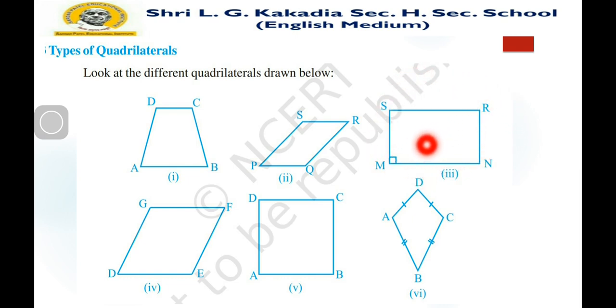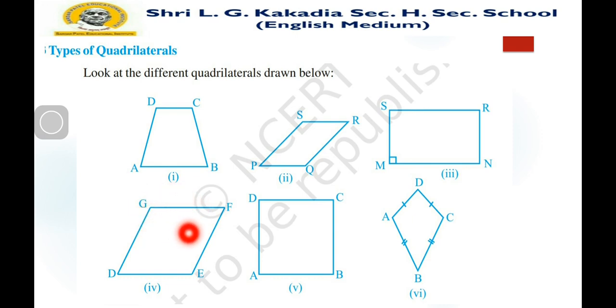A rectangle is also a parallelogram because opposite sides are parallel to each other. Now in a parallelogram, if opposite sides are parallel and all sides are equal, then this type of shape is known as a rhombus.